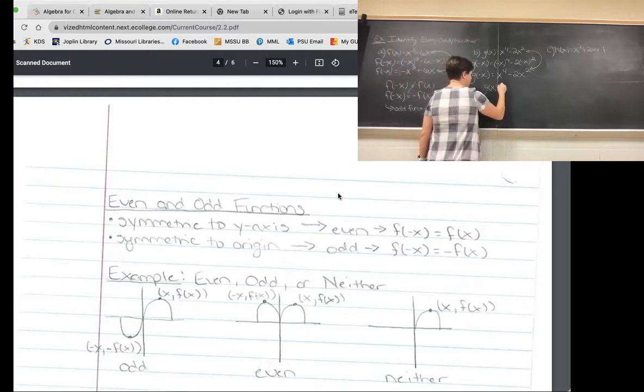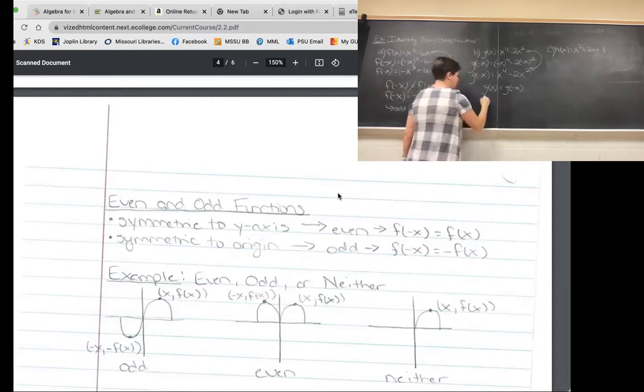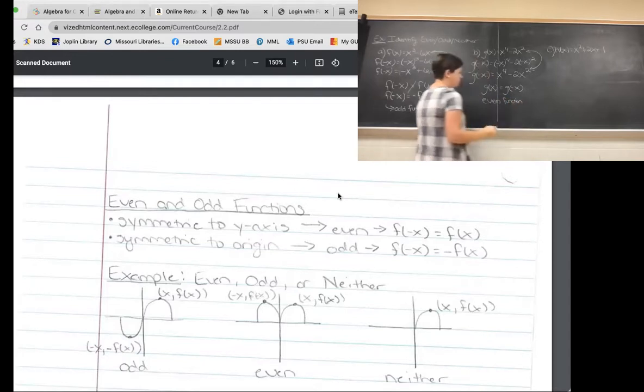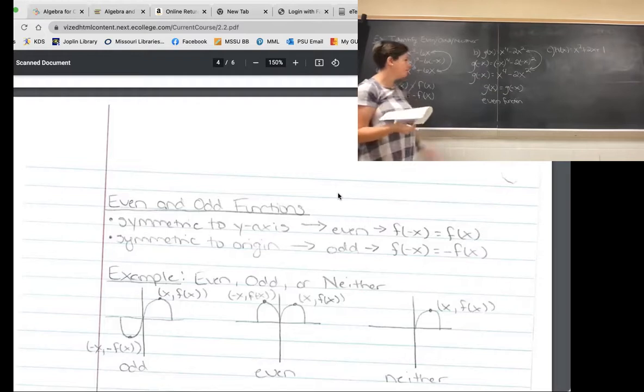In this case, my g of x is the exact same as my g of negative x. So that tells me that this is an even function. When I plugged in the negative x, it didn't do anything to change what the original equation was. So I know that it's an even function.